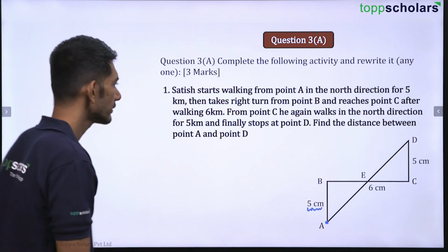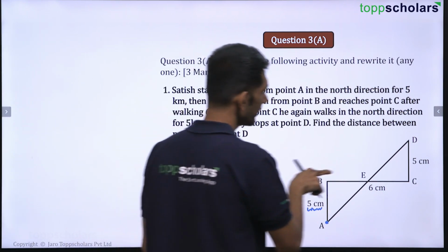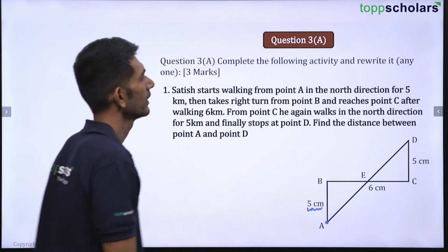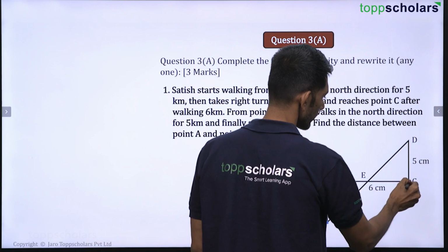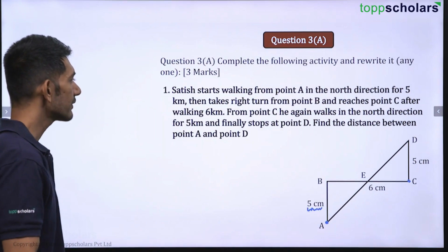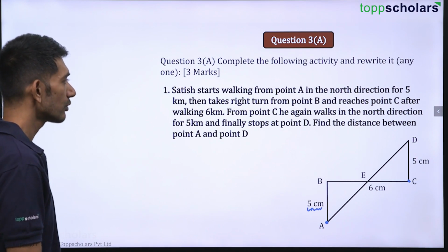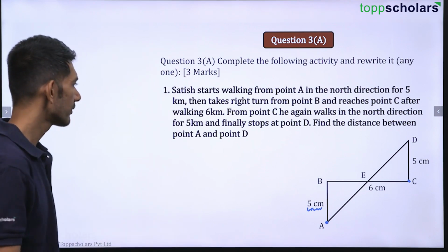for 5 kilometers, then takes right turn from point B and reaches point C. So he reaches over here. Correct? After walking 6 kilometers. So from point C, he again walks in north direction.